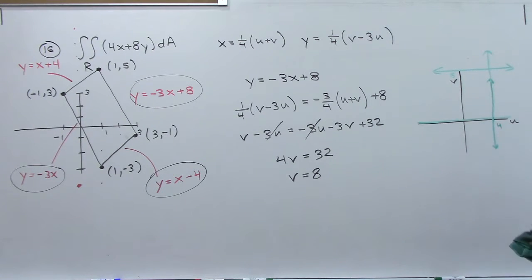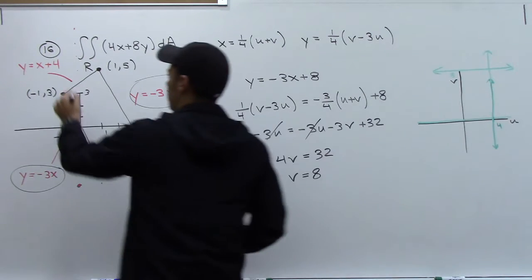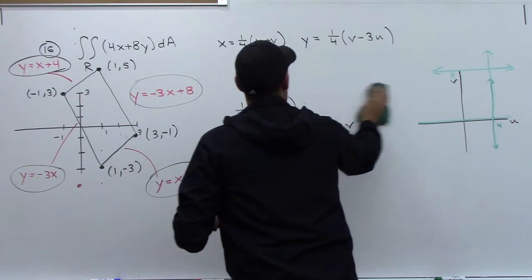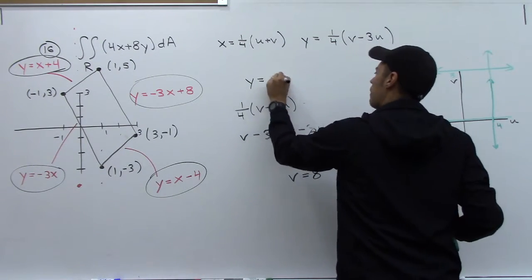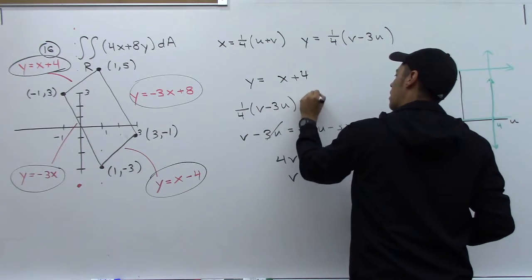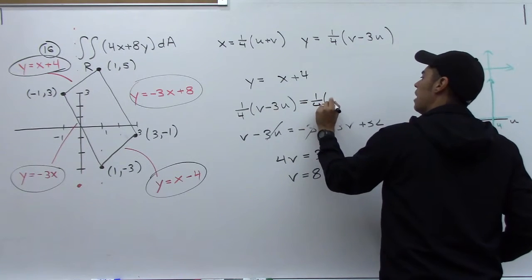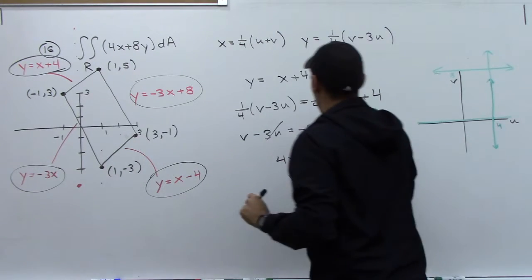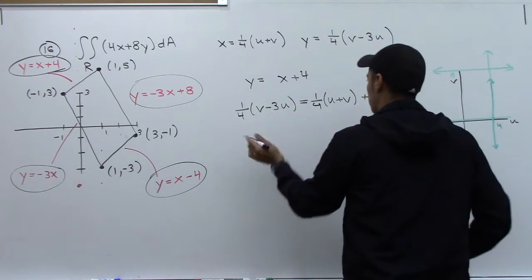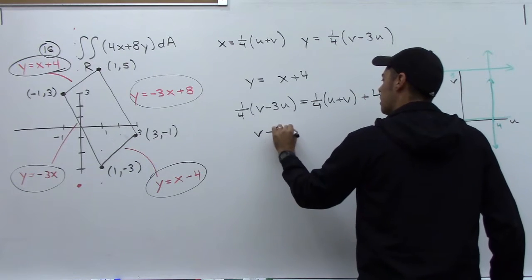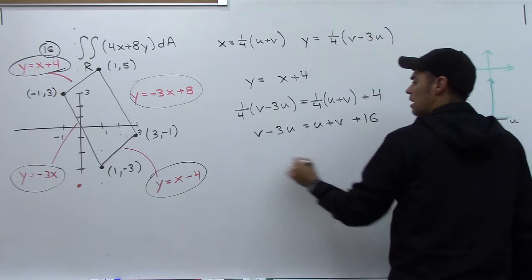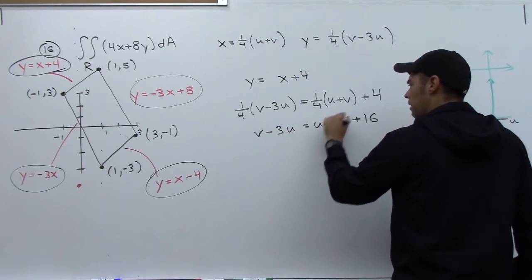And then finally, if I do this one, x plus 4. So I get y equals, here's x plus 4. Then multiply everything by 4. V minus 3u equals u plus v plus 16. Yeah, v's are gone.